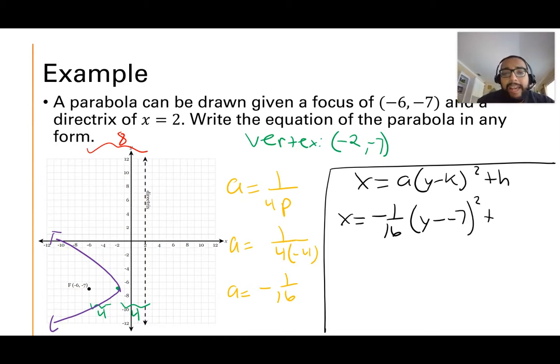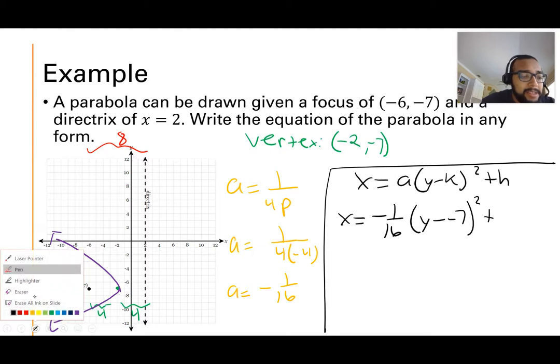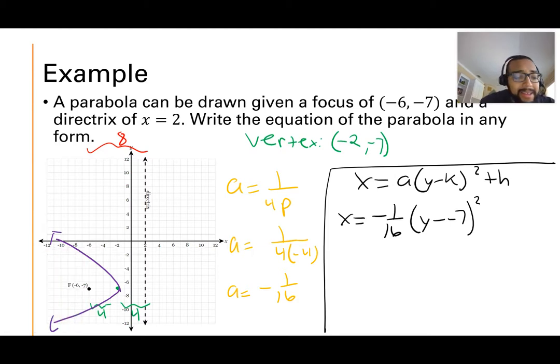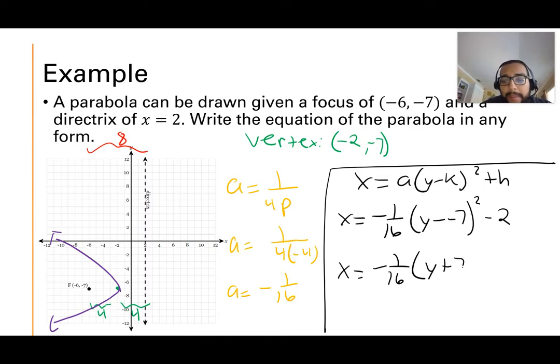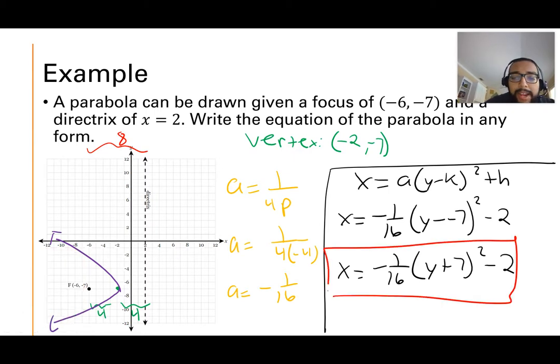And then, my bad, I didn't mean to put plus h. Because I want to say plus negative 2, I'll just say minus 2. And then go ahead and clean it up there because y minus negative 7 is the same thing as y plus 7. And then be nice to box up your answer.